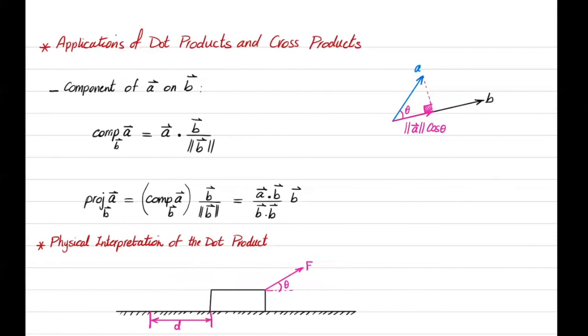But this time, the force is in a different direction than the displacement. Here is the displacement direction, and here is the force direction. So this time, work will be equal to the dot product of the force and the displacement vectors, which we had in high school to be equal to F d cosine of theta. So this comes from the dot product.